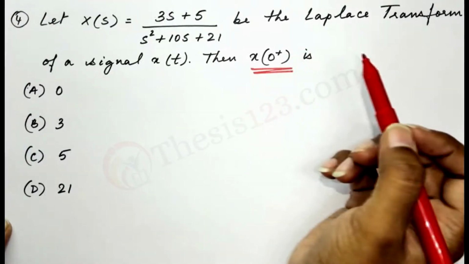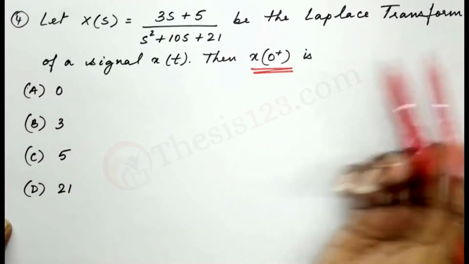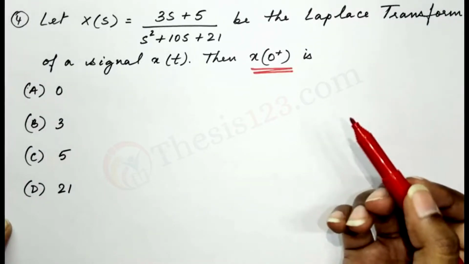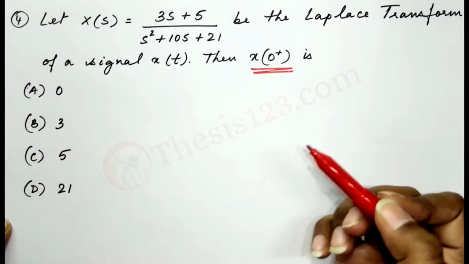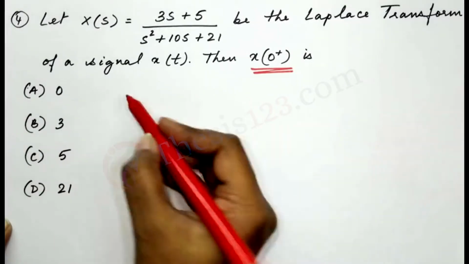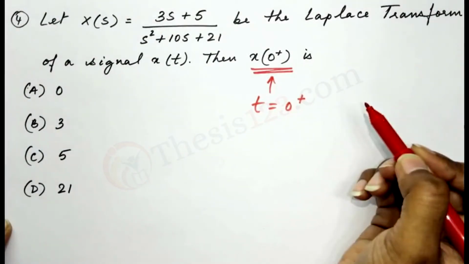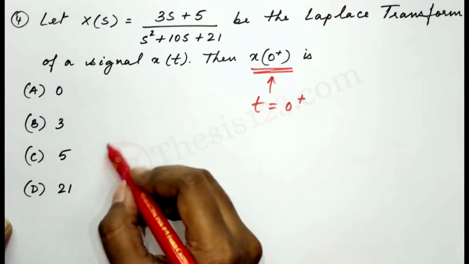Now according to the initial value theorem, which is one of the basic properties of the Laplace transform, we will be able to find the initial value at a certain time. So the initial value is at time t equal to 0+, right?